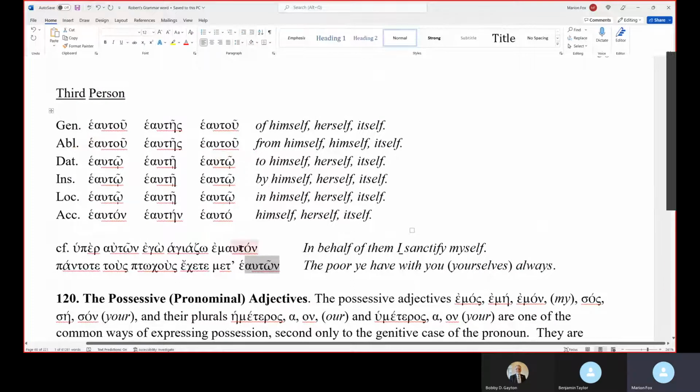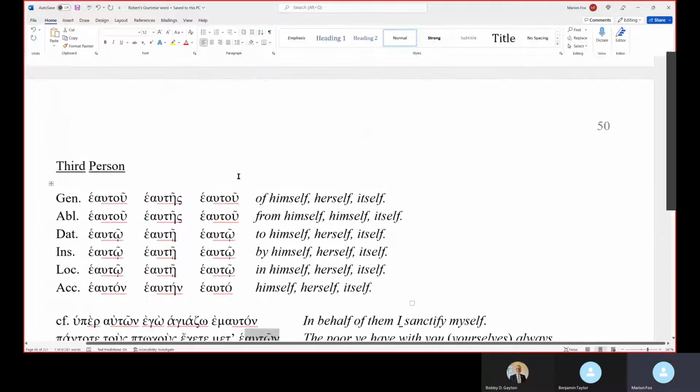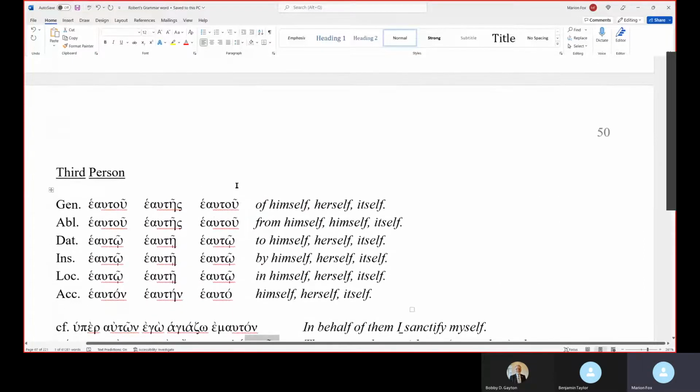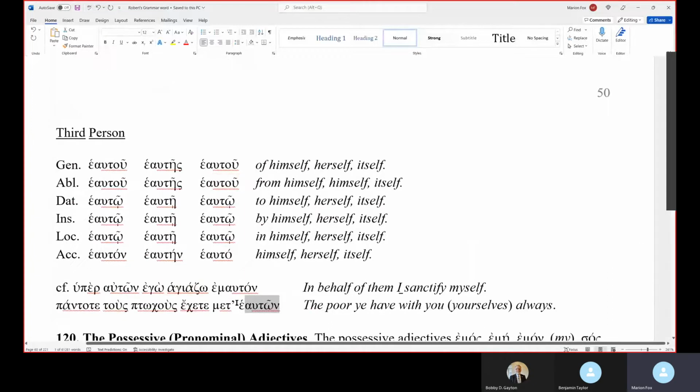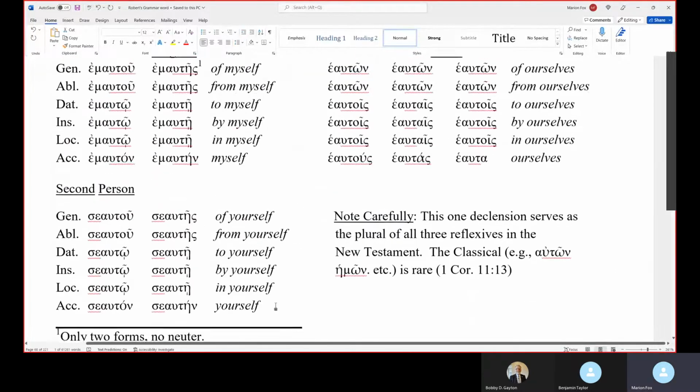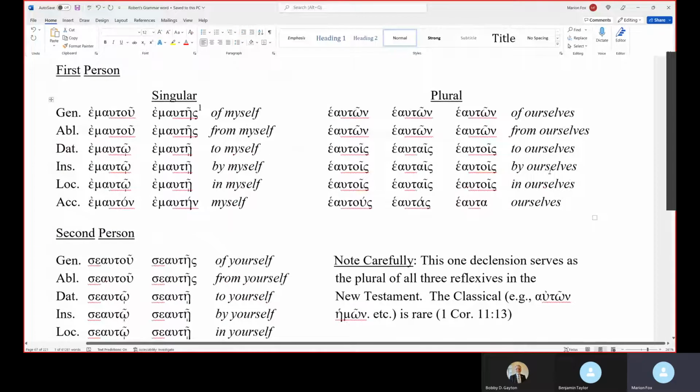And so right here, there is your heautōn. This is third person, but a tone that I've got highlighted. That fits up here, right here. And it's genitive, ablative, all three genders.